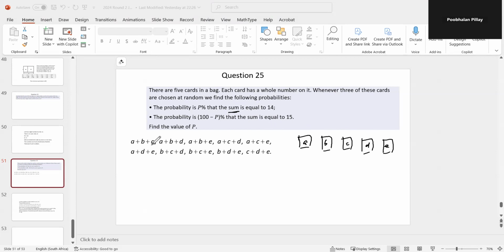So I've written down all the possible ways here in which you can take 3 of these cards. You can take A, B, C, then the sum is A plus B plus C. There's a way of listing these.